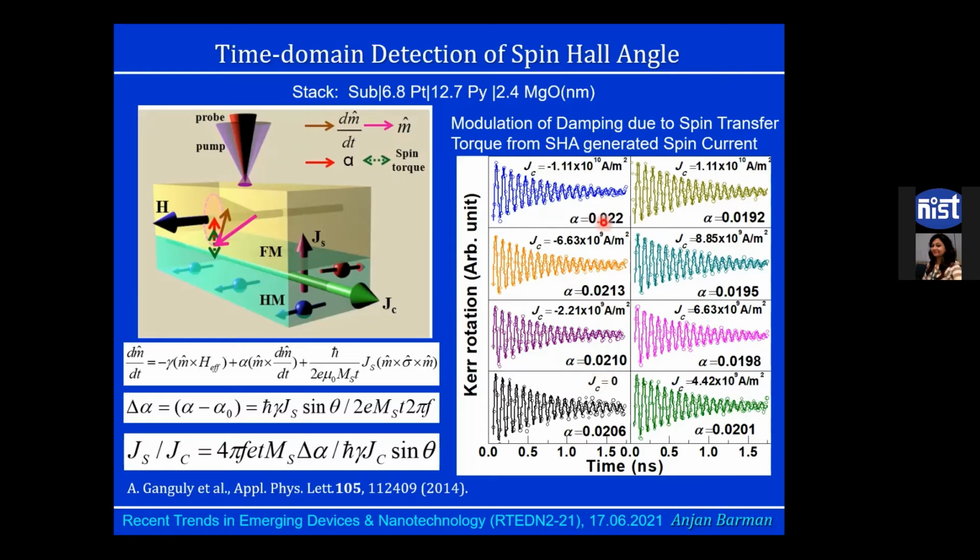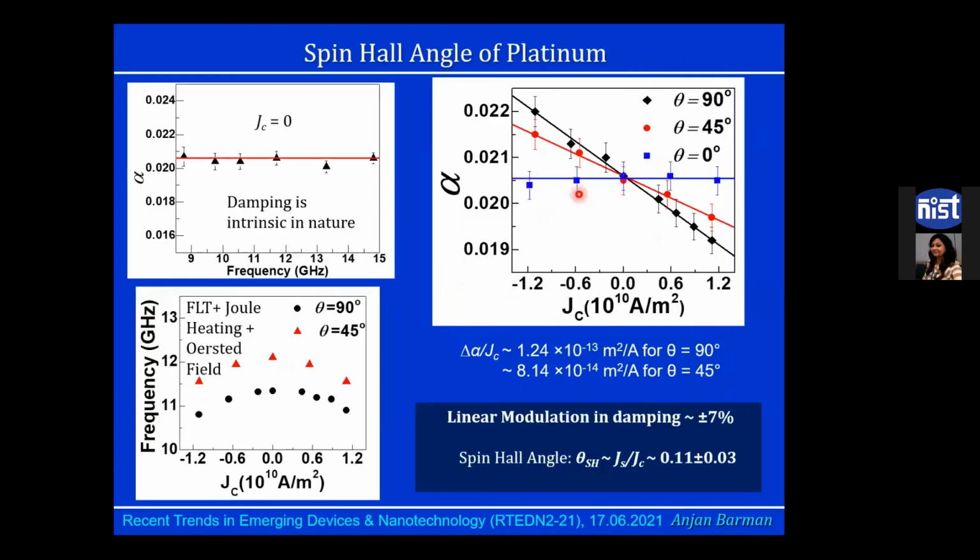And we can clearly see that the damping value is changing, although the damping value should not change by that much, but it is still changing significantly here too. And what we did is, before doing the alpha versus JC, we wanted to see whether the damping is intrinsic or extrinsic in nature. So we plot the damping as a function of frequency, and it is flat.